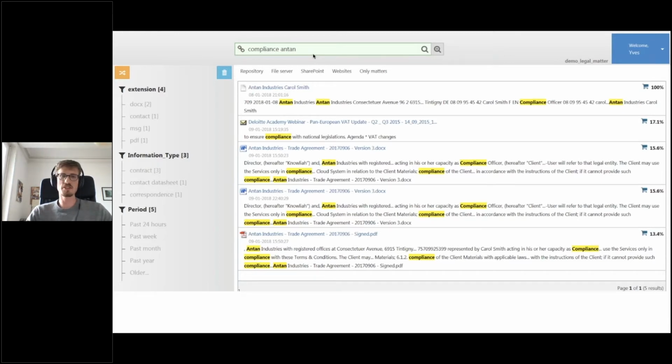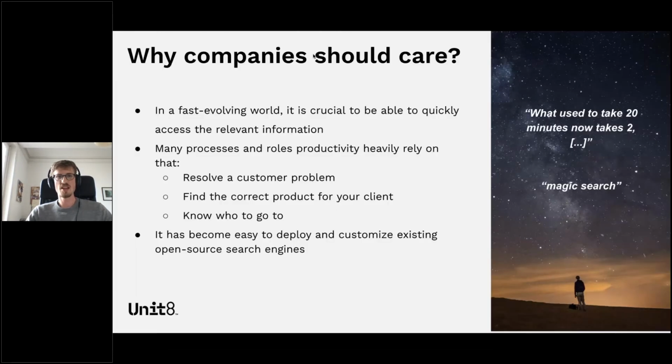So this is often the experience in companies, and I think companies should care a bit more about this, because search is really an easy interface to find data among a large corpus of documents. And in our fast evolving world, we want to be able to find answers more and more quickly.